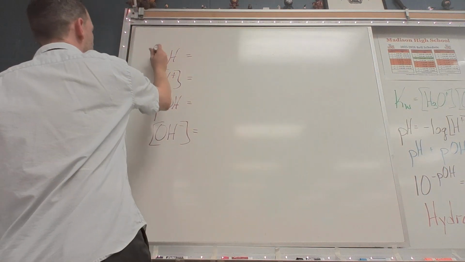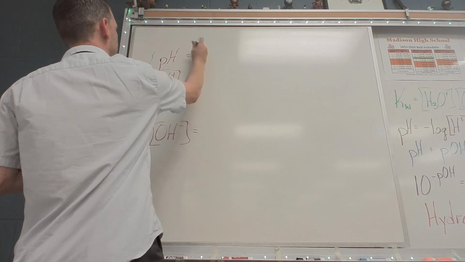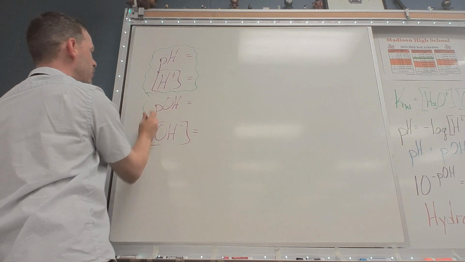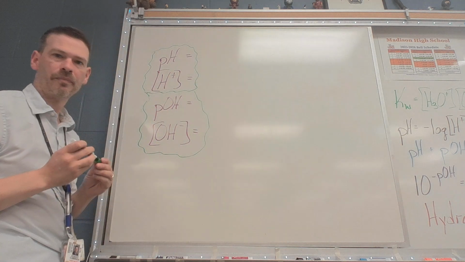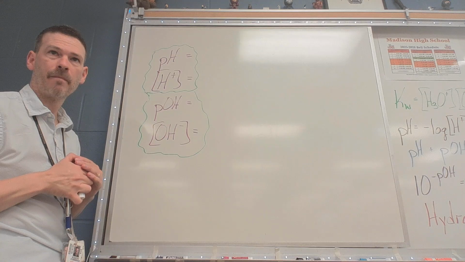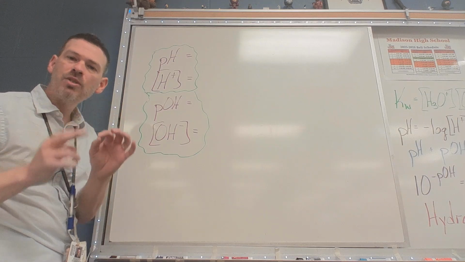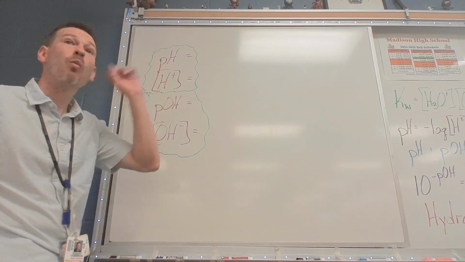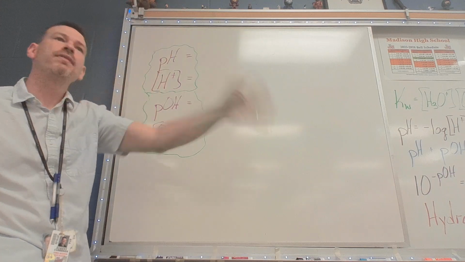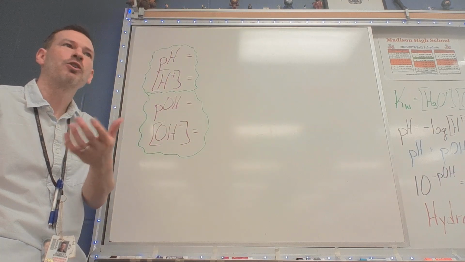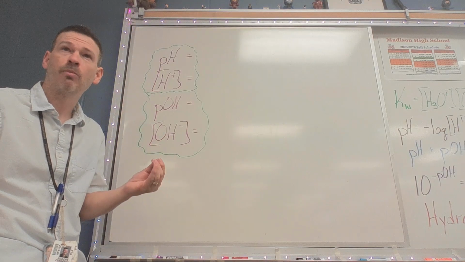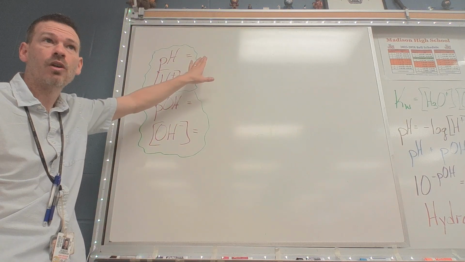So again, these two are connected, while these two are connected. But most importantly, if you have one of the 4 numbers, then you have the other 3. And that's an important weapon for you to understand you have in your arsenal as things get more challenging tomorrow. If you know one of those, you have the other 3.